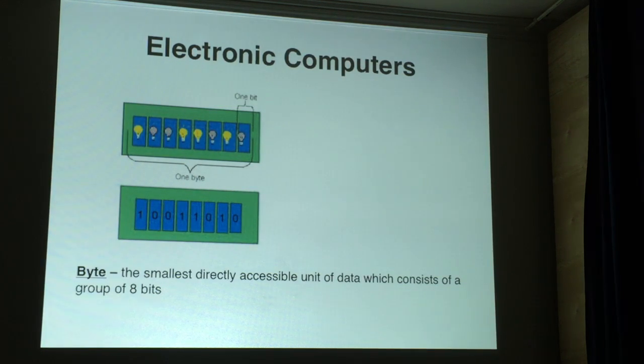This would then be translated into an electrical circuit as on, off, off, on, off, off. And so in this way, a number or a letter of text can be translated from the number or letter into a binary byte, and from that into electrical impulse.